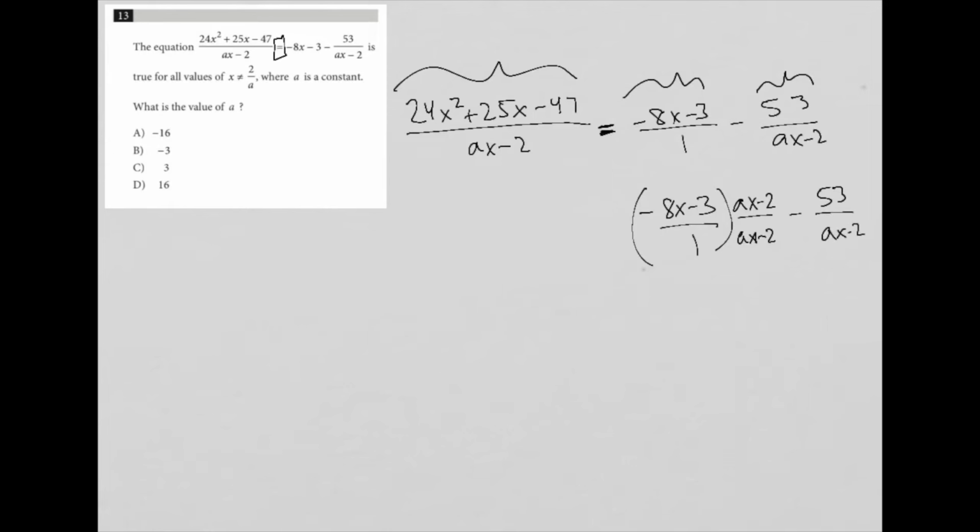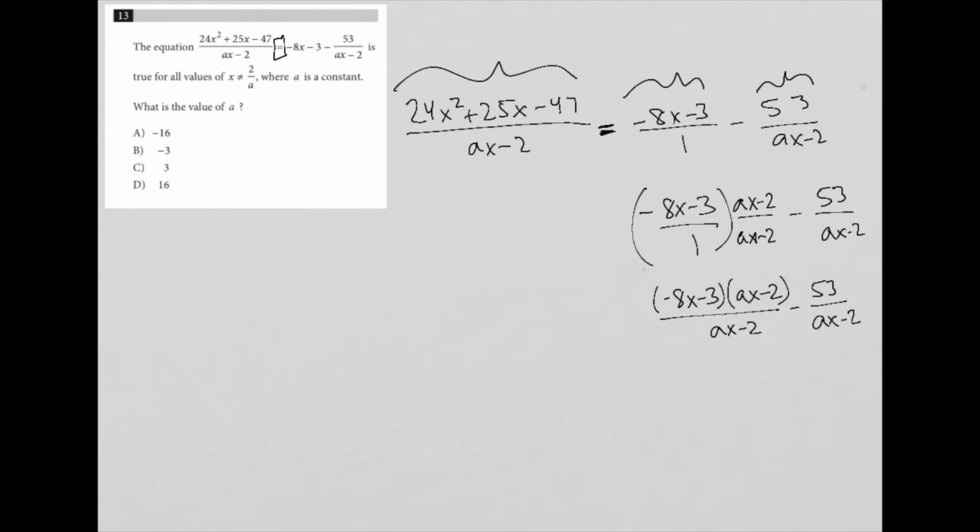Ax minus 2 is the common denominator for the right-hand side, or the lowest common denominator. So that means that my numerator here would become, and I'll just write it this way: negative 8x minus 3, parentheses ax minus 2, and all that's over ax minus 2 minus 53 over ax minus 2.